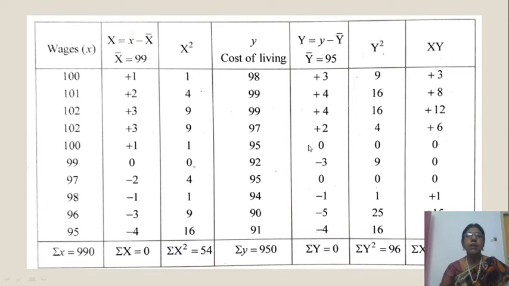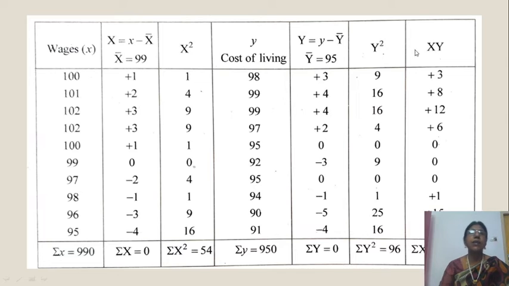The first one is 98 minus 95, so plus 3. 99 minus 95 is 4, 97 minus 95 is 2, and 95 minus 95 is 0. So this is capital Y. After Y, find Y square, the squares of these values. Related to y we have 3 columns.